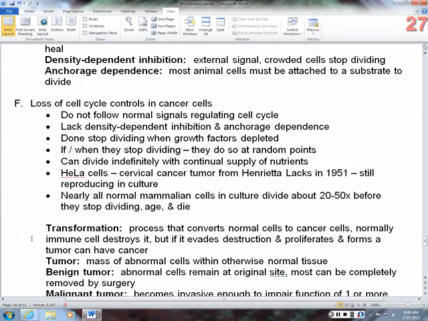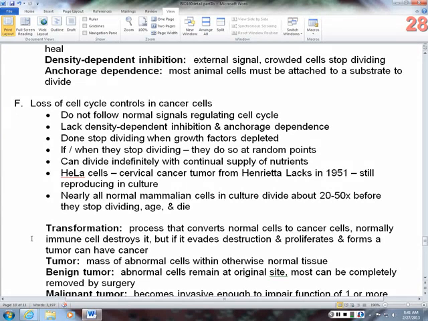Where we ended up with a bunch of these cells was the HeLa cells that came from a woman, Henrietta Lacks, in 1951. She had a cervical cancer tumor that was removed, and it's a weird set of coincidences that led to us having these cells. They were collected by a researcher who was trying to culture human cells.